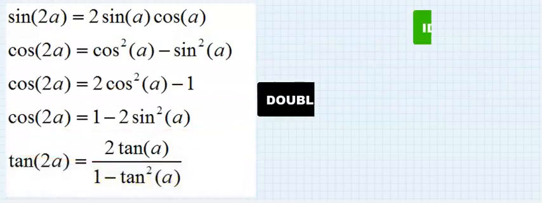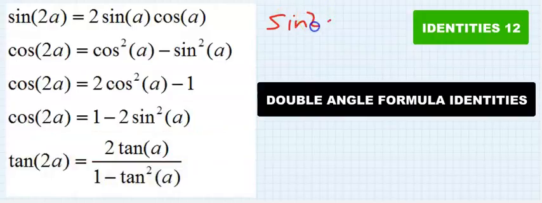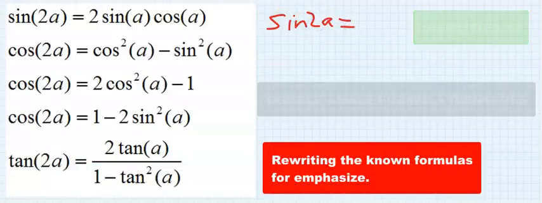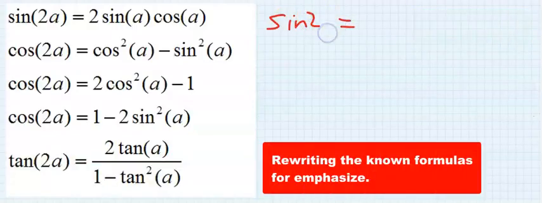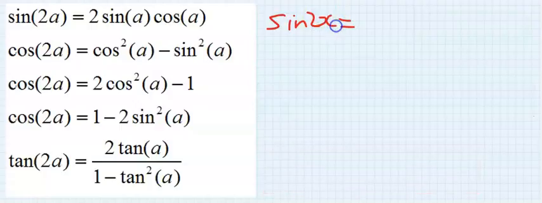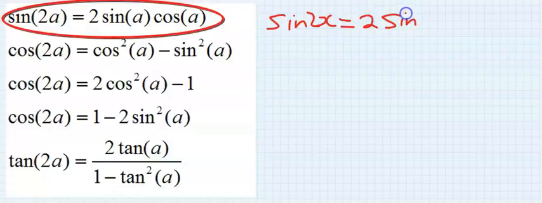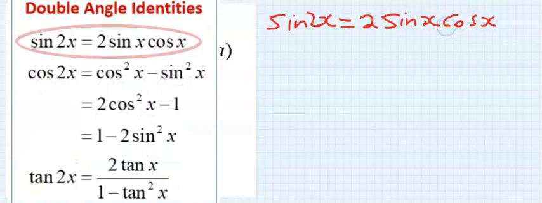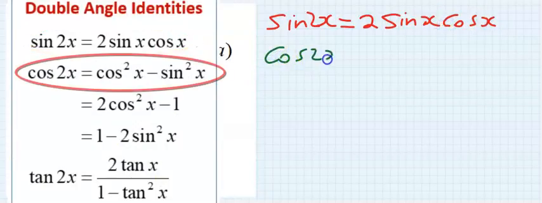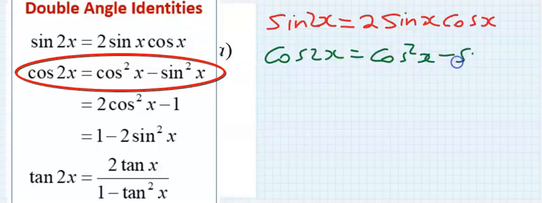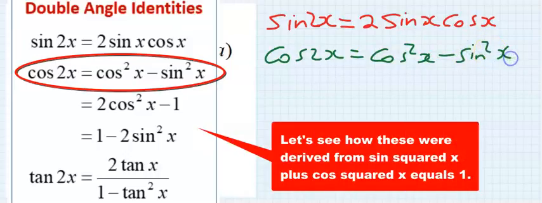In the double angle formula, sine 2a, here can be a, it can be x, it can be theta, it can be anything. If I use x here, it's going to give me 2 sine x cos x. This is often for sine, but for cos 2x, you should be expecting cos square x minus sine square x.